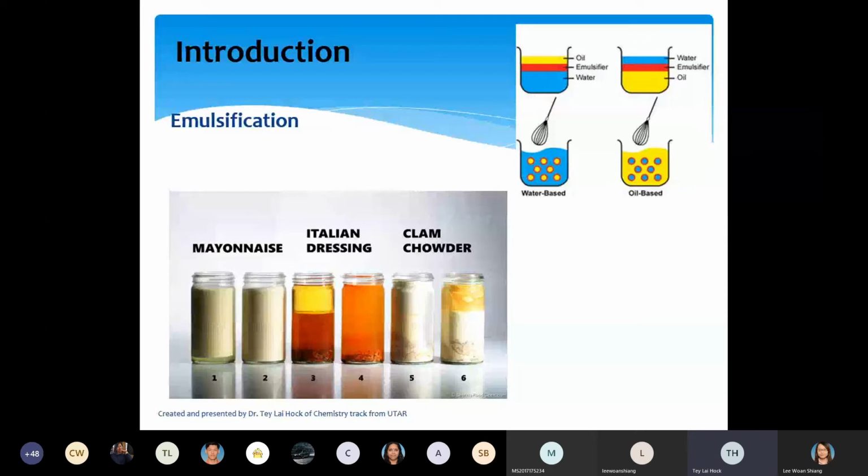On the right side, in the top cartoon, we can see you have oil, emulsifier, and water. The emulsifier is an agent that holds the oil so that it can temporarily mix with the water. If it's the other way around, you have water, emulsifier, and oil, where you have an oil base.